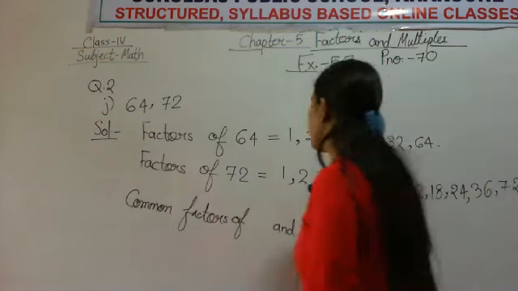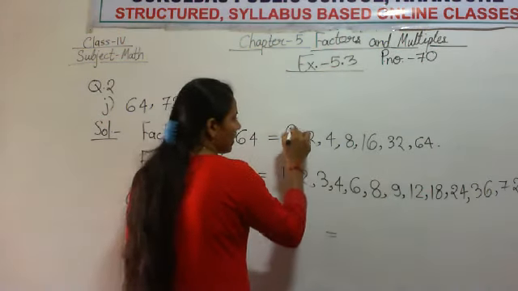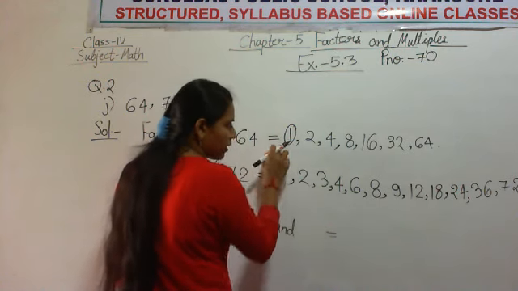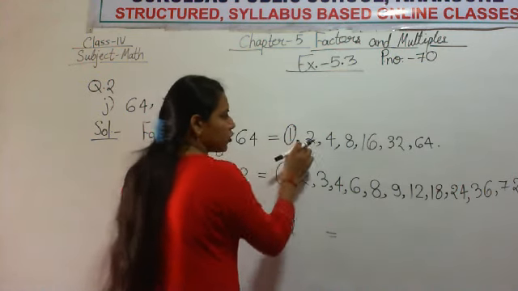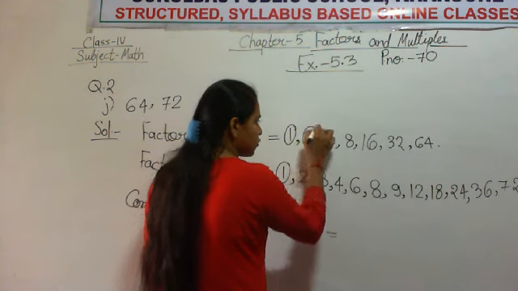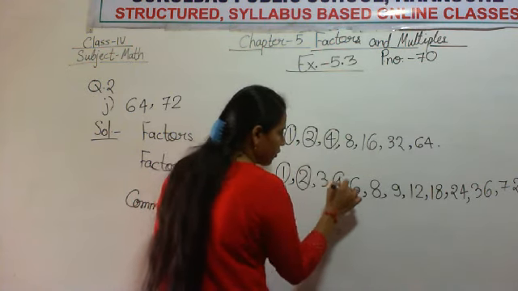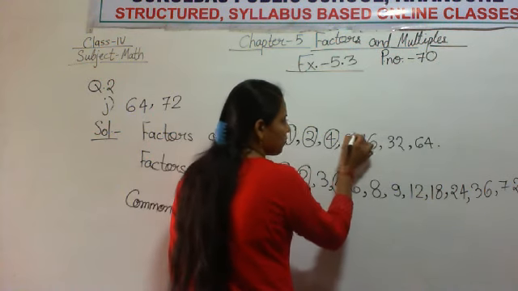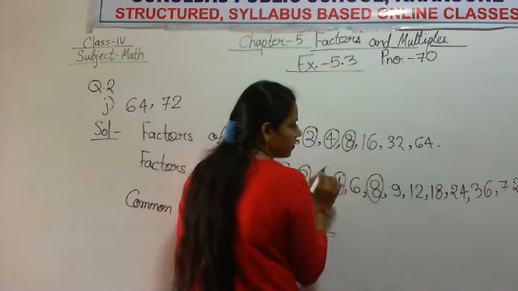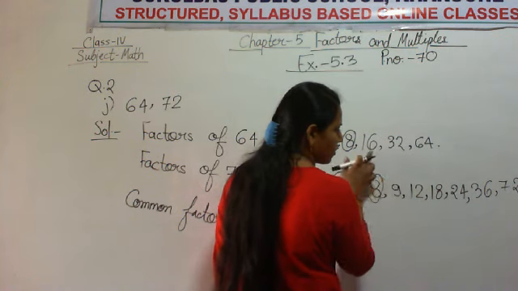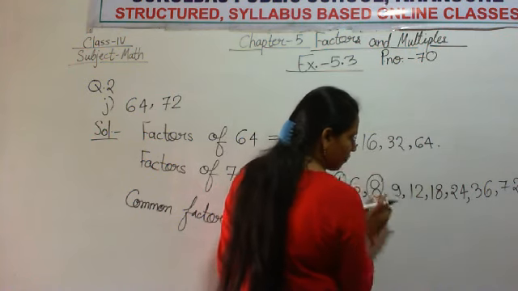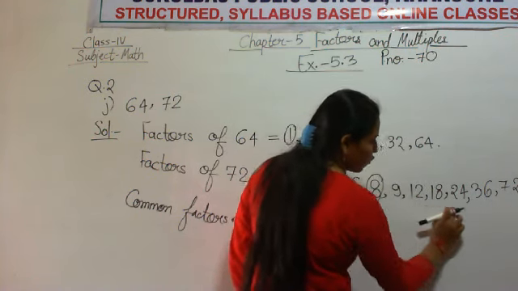Now circle the common ones. So 1 is common in both the numbers, so circle. 2 is common in both, so circle it. 4 is common in both, so circle 4. 8 is common in both, so circle 8. Then 16, no 16. 32, there is no 32. 64, no 64.